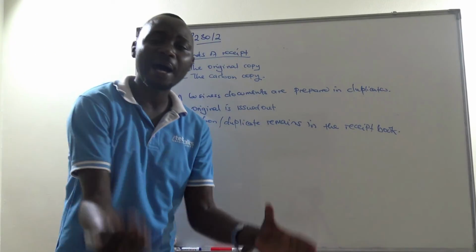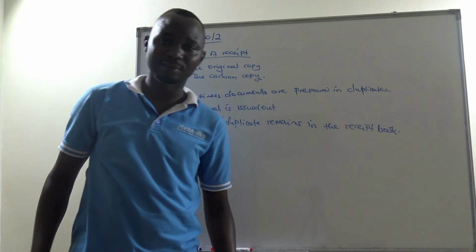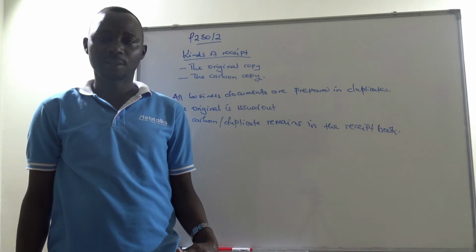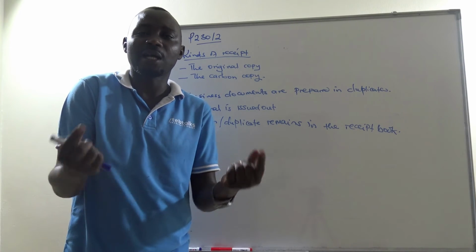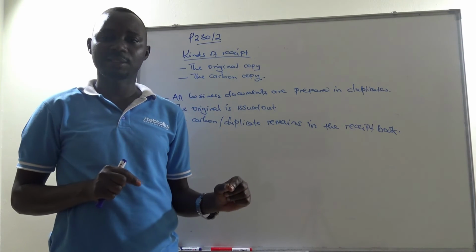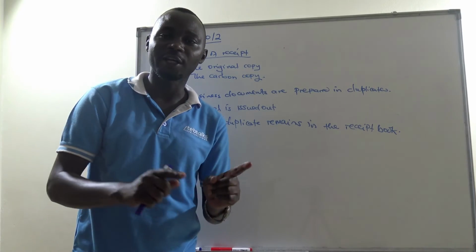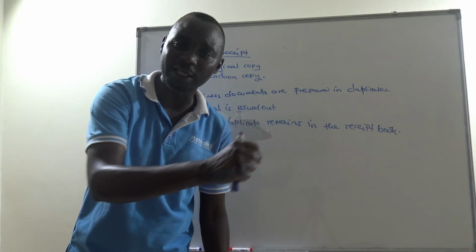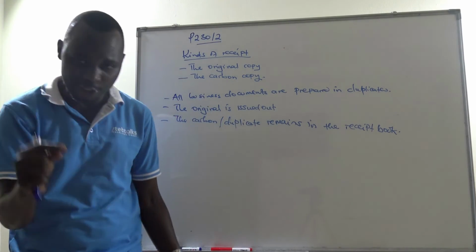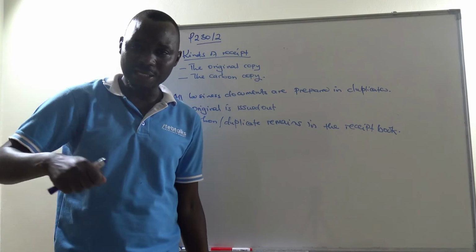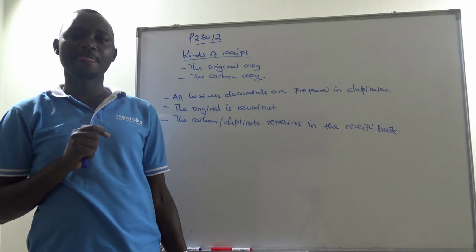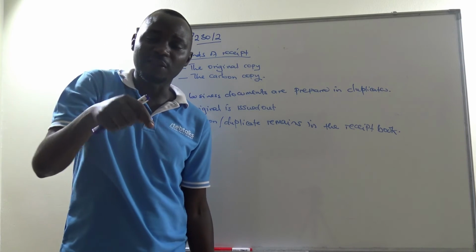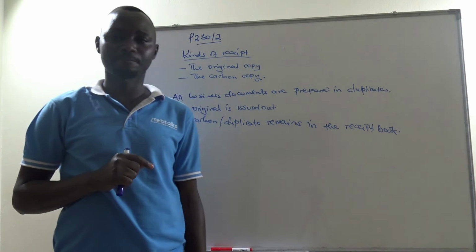So when a buyer pays, to show to him that his money has been received, they write for him a receipt. They tear the original, and the original is given to the customer, who is a buyer, to prove to him that he has spent the money.